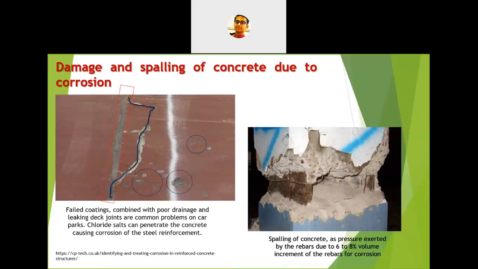Without identifying the root cause, they just did some patchwork and provided some coatings. But there was still leakage in between the deck joints, and the same problem came out again. You can see how significantly the coating has delaminated, in the blue circles there.